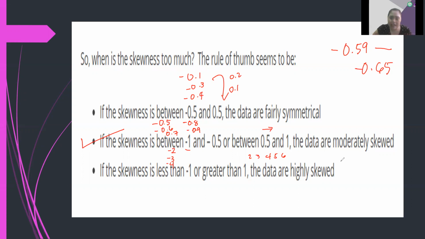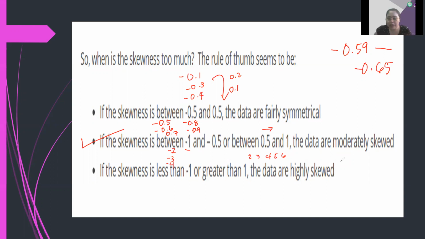So yun lang ang ginagawa to identify whether the data is normally distributed or not. And then later on, as we proceed with our computation or discussion sa statistics, we will be applying this to decide whether to use parametric test or non-parametric test.